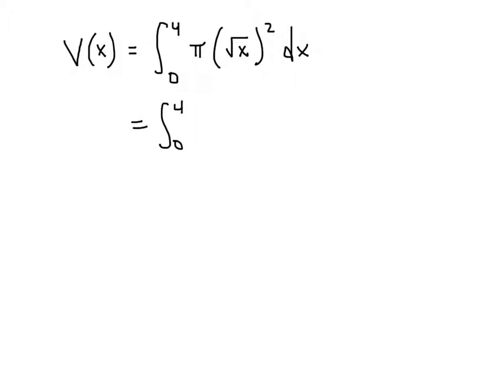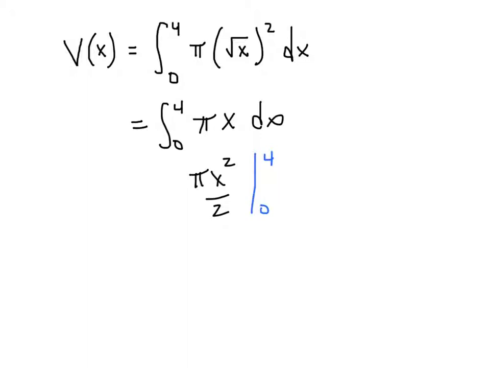This is the integral from 0 to 4 of pi x, and the antiderivative of pi x is pi x squared over 2. We're integrating that from 0 to 4, and this is a quick little calculation.